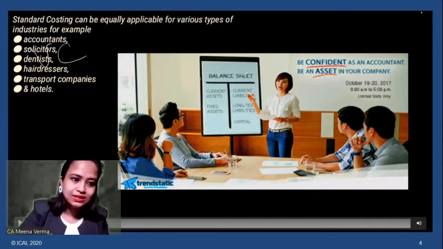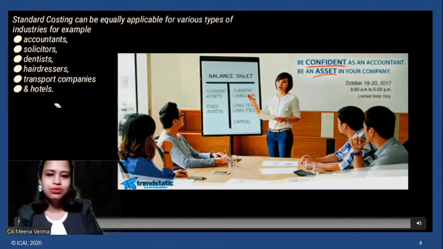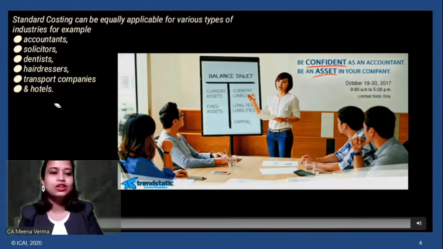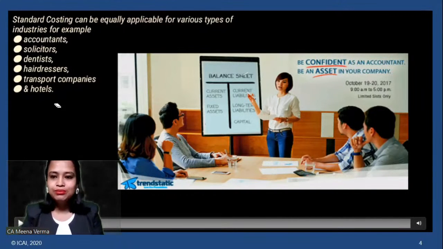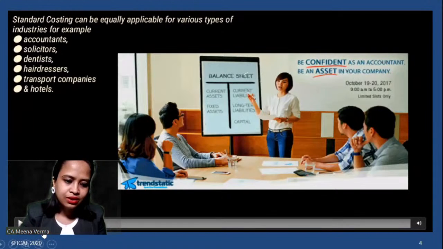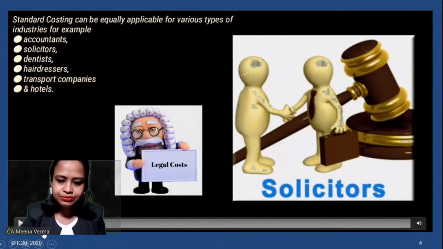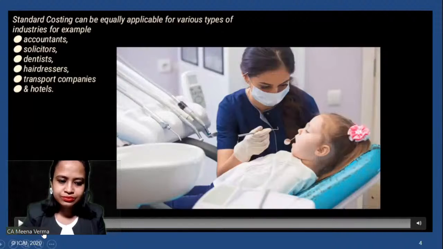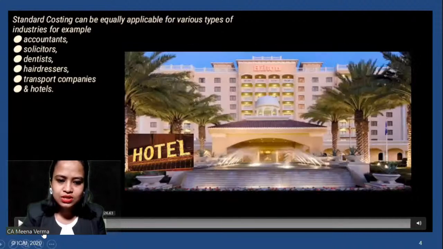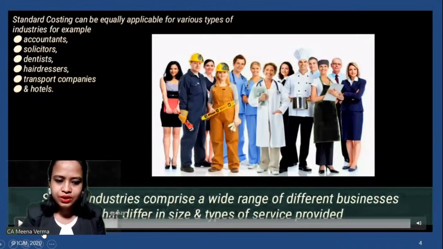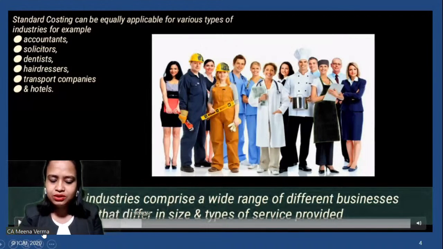Service sector like accountant, chartered accountant, advocate, doctors, hairdresser, transport companies, hotels. So these are all services. And you can see that in case of services, they don't have material, they have labor and other variable costs.